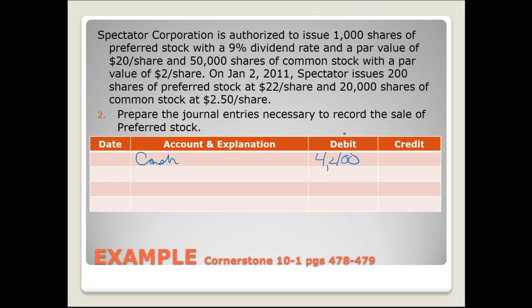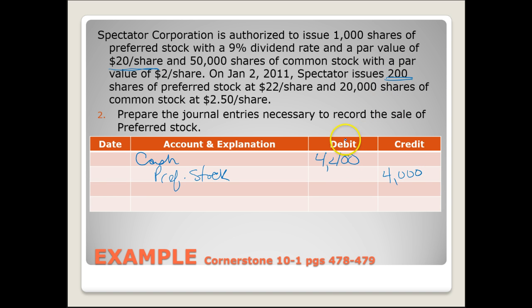Remember, the company receives cash every time they issue shares, so it would be a debit to cash of the $4,400. Then we need to make a credit entry to preferred stock, the preferred stock account, and that's going to be in the amount of par times the number of shares. So par of $20 times the number of shares is 200, so that'd be the $4,000.